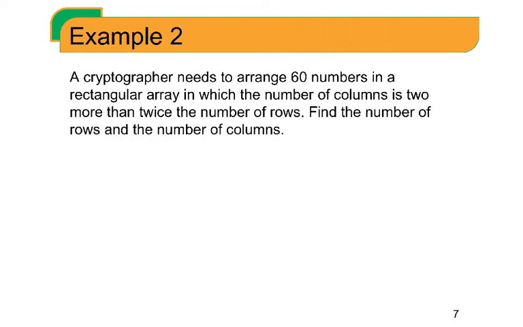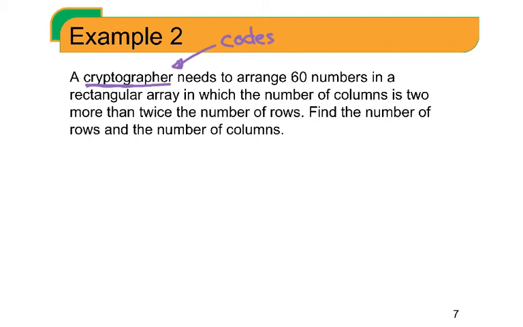All right, here's a word problem that I haven't even read yet. So, a cryptographer. What is a cryptographer? Somebody who studies cryptography, which is related to coding, codes, and such, but we don't really have to know that word.